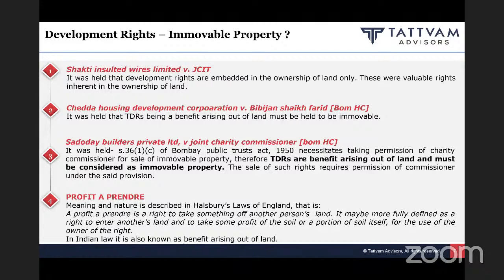I repeat, this development right is nothing but an intangible immovable property. We have Bombay High Court in the case of Chadda Housing. We have Shakti Insulated Bias. There are various judgments wherein it has been consistently held that this is in the nature of intangible immovable property.